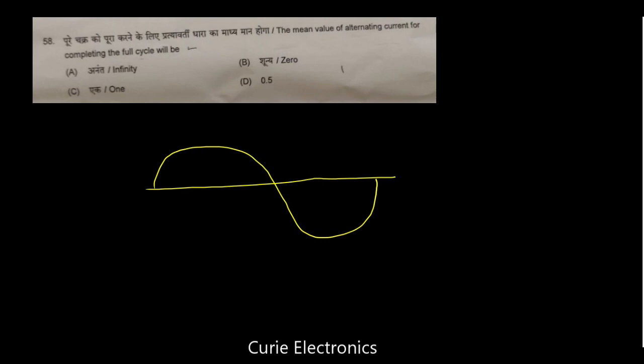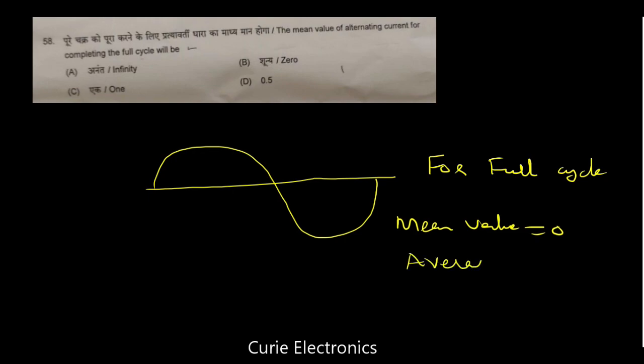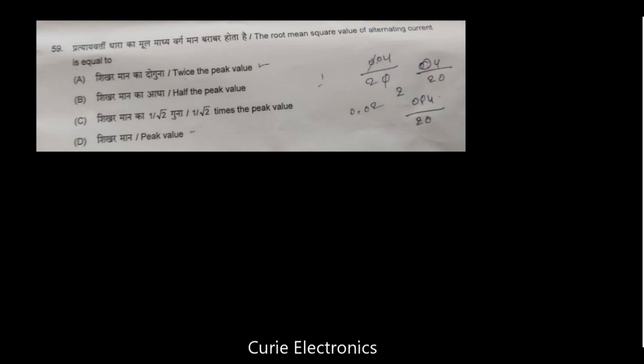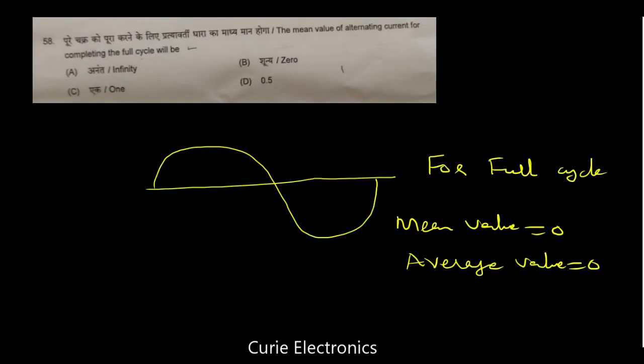For a full cycle, mean value equals 0, and average value also equals 0 for a full cycle of AC. So the answer is 0. Option B is the answer.